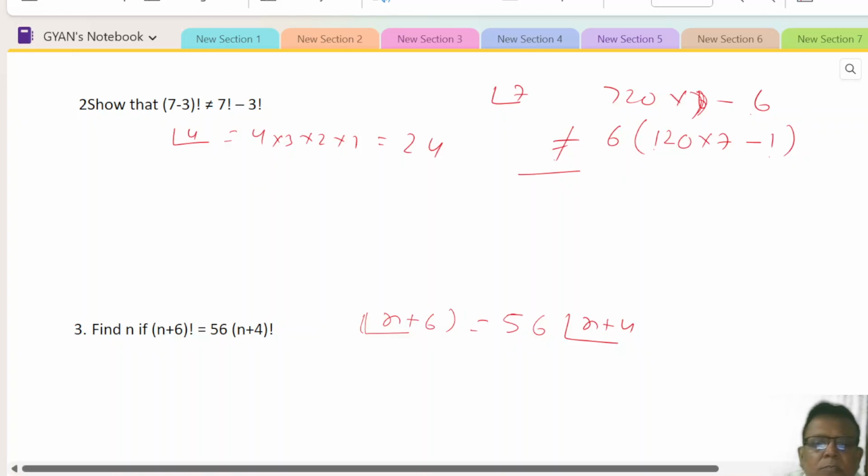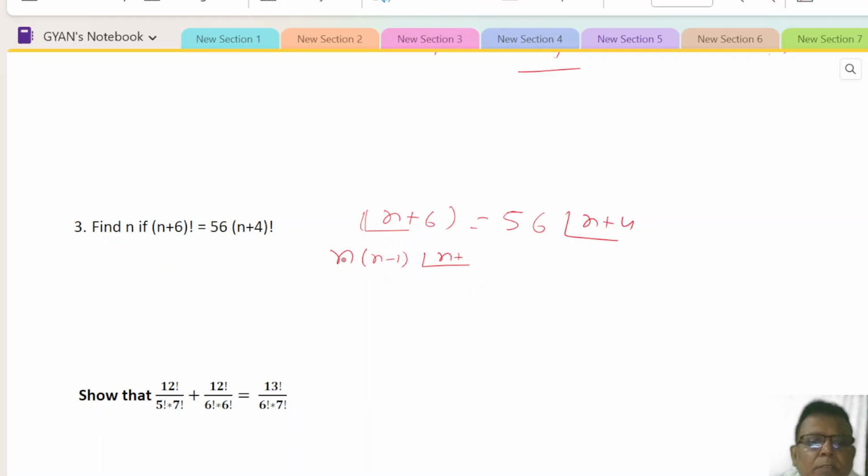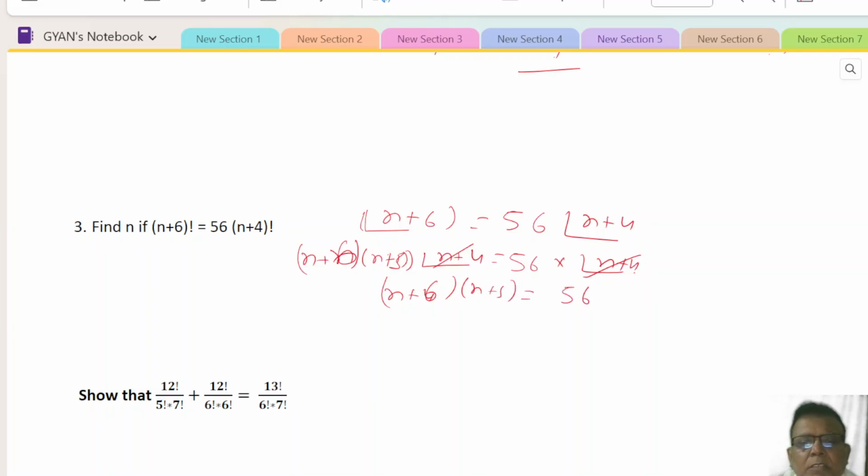So factorial n plus 6 is equal to n plus 6 into n plus 5 into factorial n plus 4, equal to 56 into factorial n plus 4. So this gets cancelled. Then n plus 6 into n plus 5 is equal to 56.